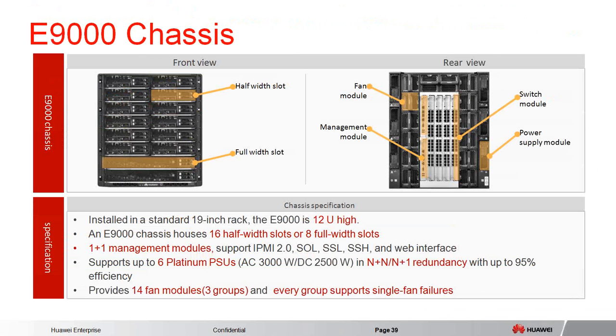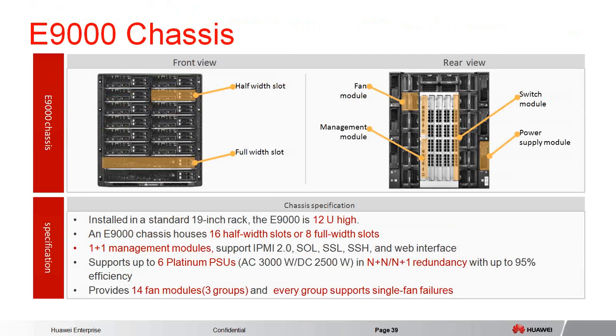On the front, you have half-width slots or full-width slots. The difference, of course, is the number of CPUs and GPUs you can have on a half-width slot versus the full width. On the rear view is where the converged technology shines.